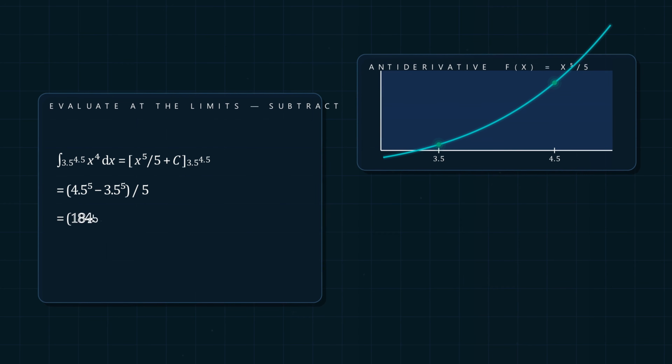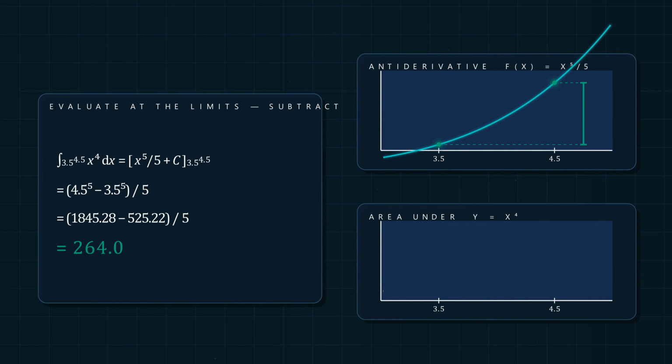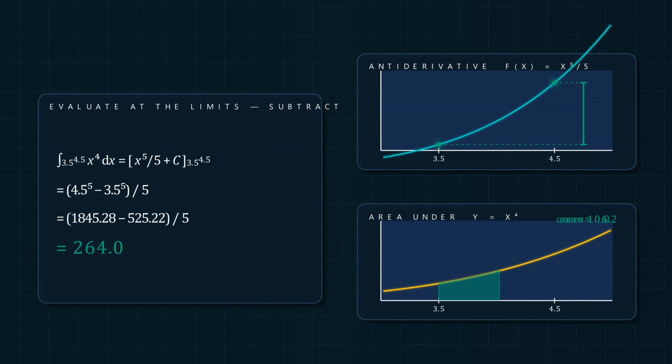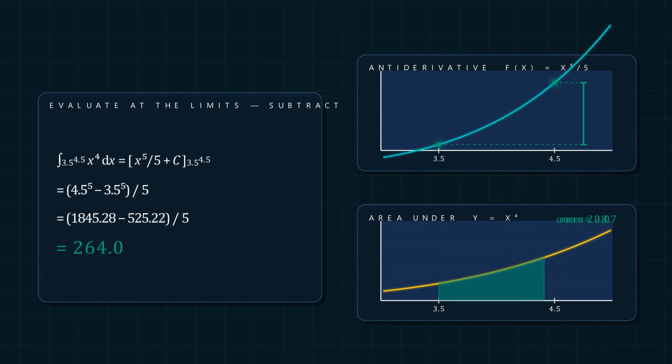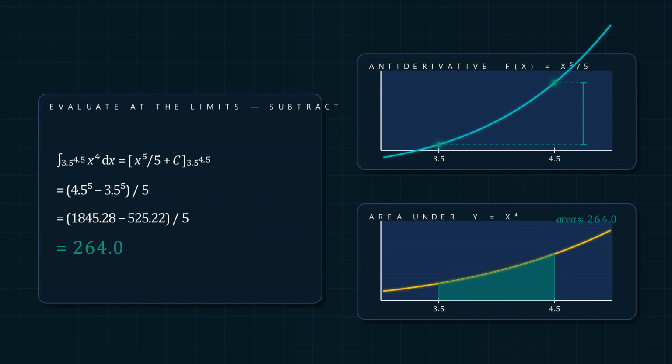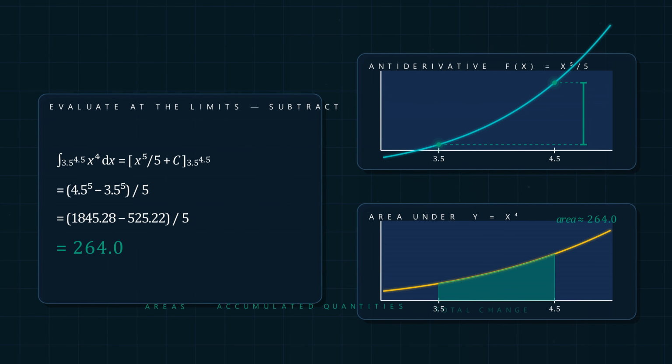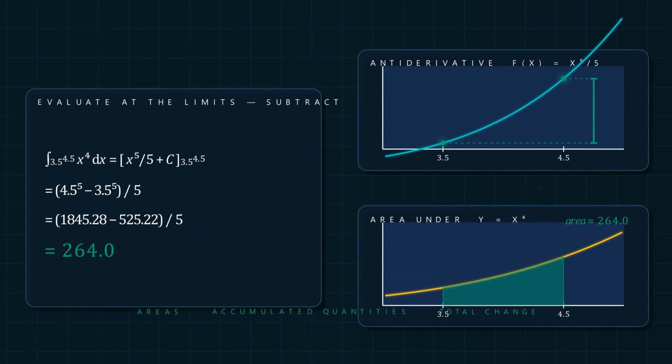Evaluating at 4.5 minus evaluating at 3.5, 1/5 of 4.5 to the fifth minus 1/5 of 3.5 to the fifth equals 264.0. Geometrically, this is the shaded area under the curve y equals x to the fourth, between x equals 3.5 and x equals 4.5. The definite integral gives us areas, accumulated quantities, total changes.